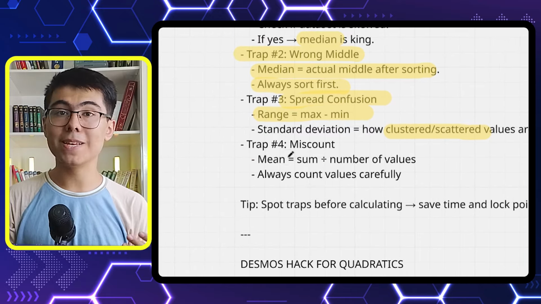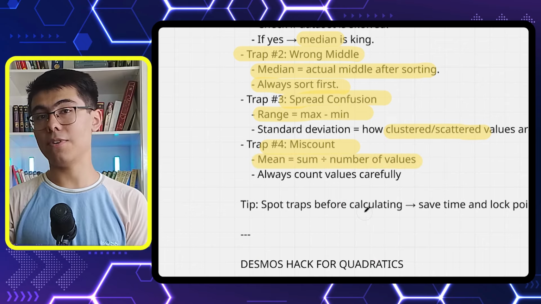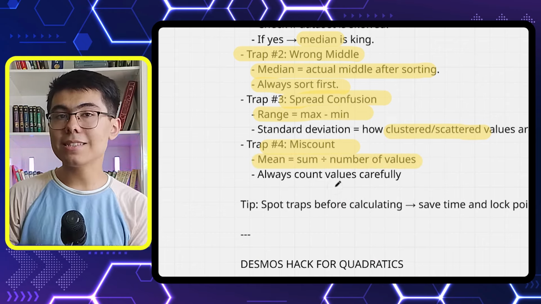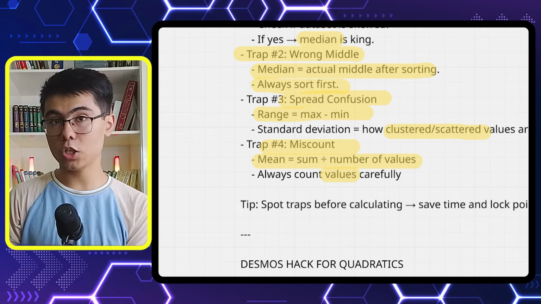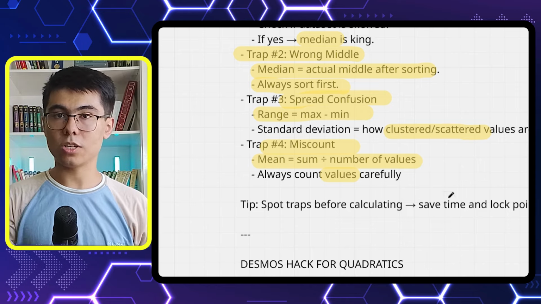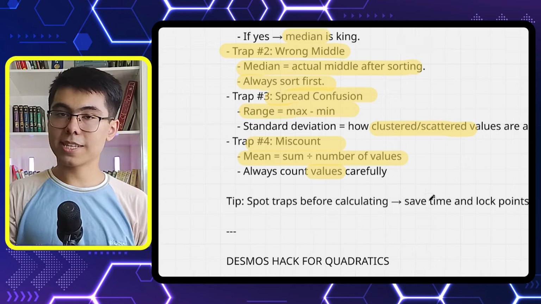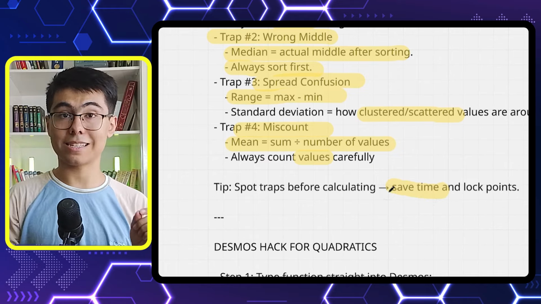Trap number 4, miscount. Mean formula equals sum over number of values. Easy. But SAT loves to hide how many values there actually are, so make sure to count every single time. Here's why this is crazy. When you spot the traps before even calculating, you're not just solving them, you're eliminating wrong answers like a sniper.